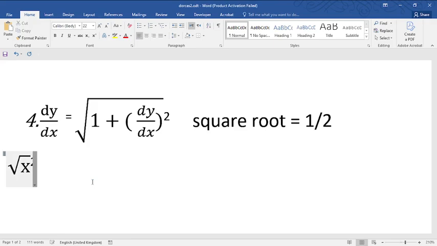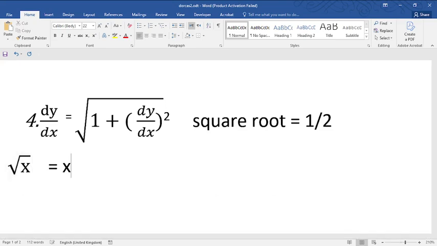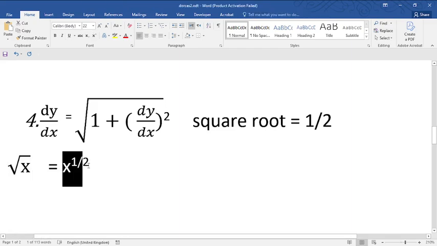So what you just have to know here is that if you are having something like this, it is equals to x to the power of 1 all over 2. You just have to transform this square root into power of 1 all over 2. So anything to the power of 1 all over 2 means square root of that particular thing. So that's the thing that you are going to do here.